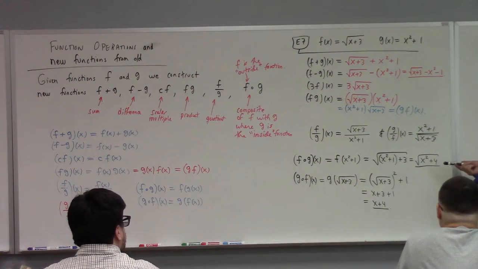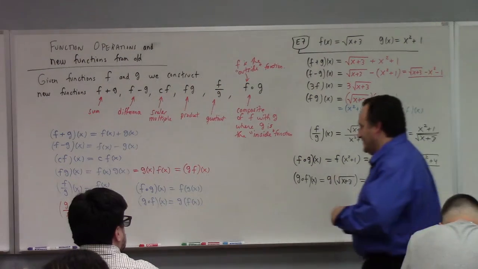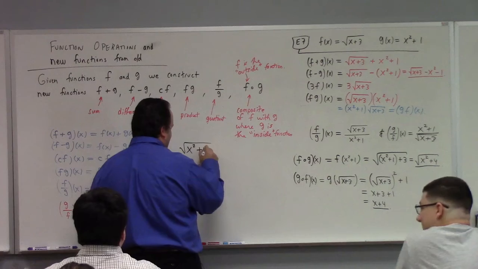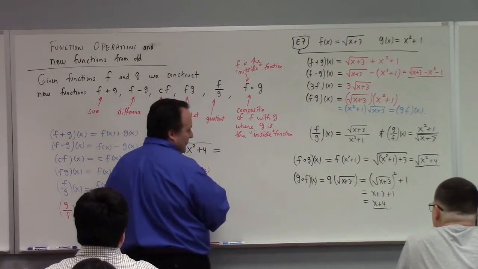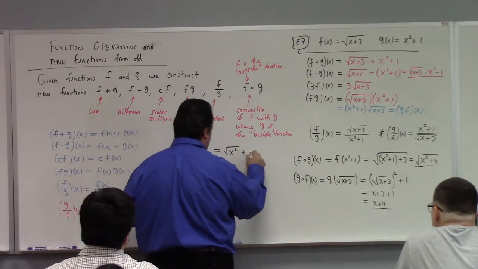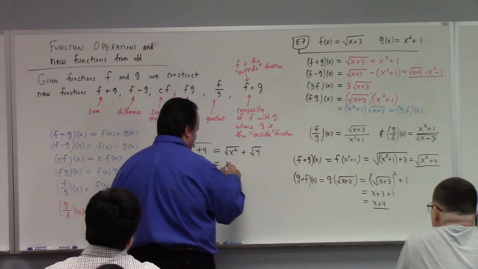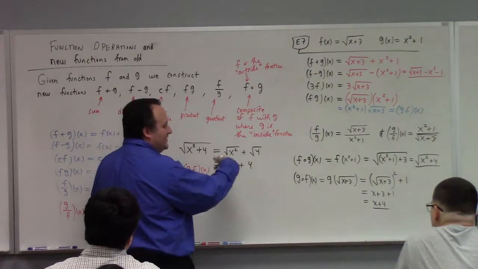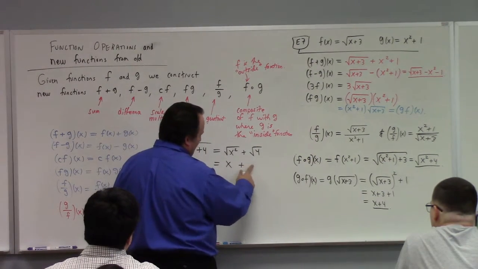So, what is not a stretch is the fact that the square root of x squared plus 4 is not equal to x plus 4, despite some of you doing this. You're like, yes it is. Well, actually you guys won't even do that, but some of you think like this, yeah? And then you're like, x, and then 4. You'd put a 2 here, right?